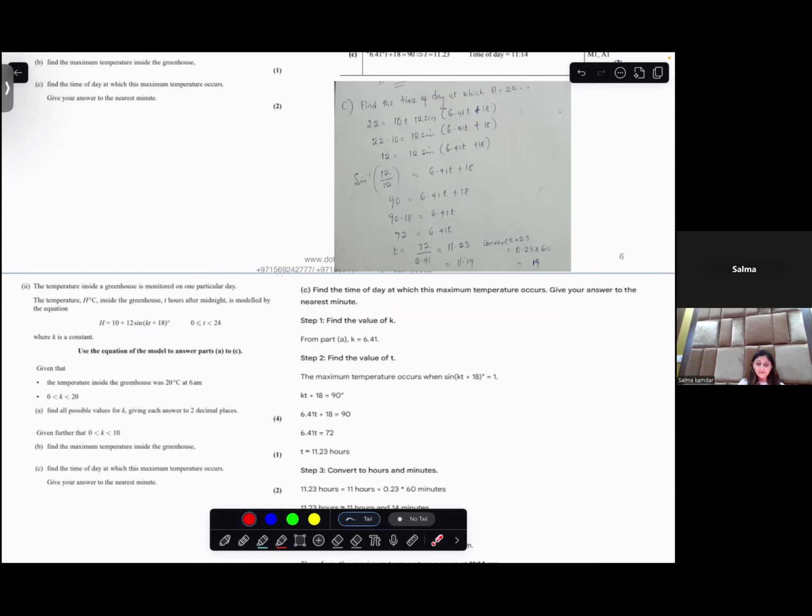Now I know this is 22 minus 10 is equal to 12 sine(6.41t plus 18). I know that the maximum temperature would happen when this sine is 90 degrees.